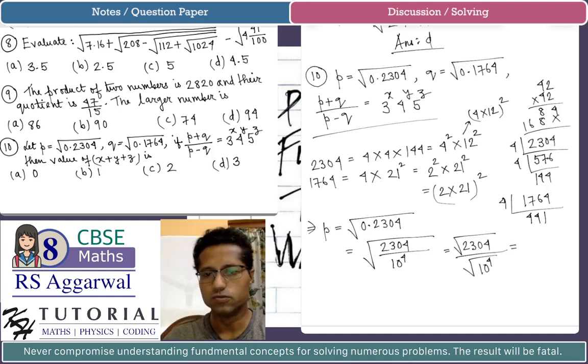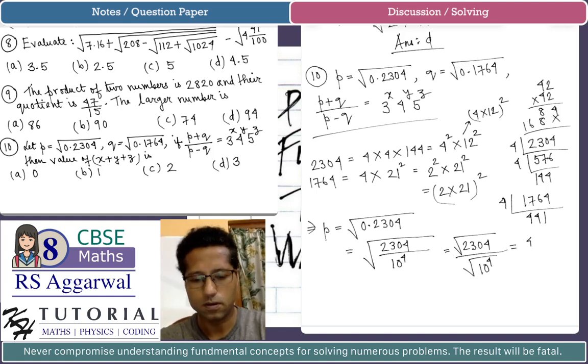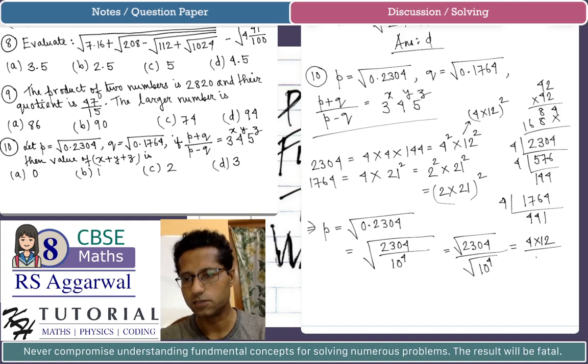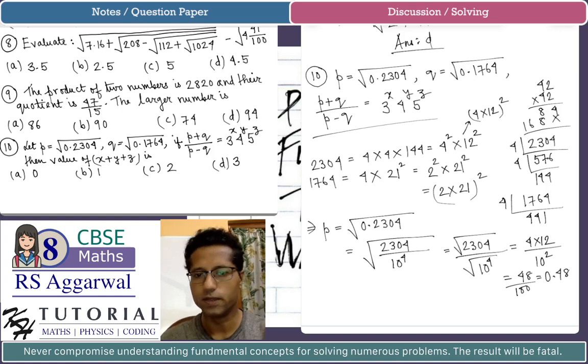And the square root of 2304 will be 4 multiplied by 12, and the square root of 10 to the power 4 is 10 square. So this is equal to 48 by 100, which is 0.48. So P is 0.48.